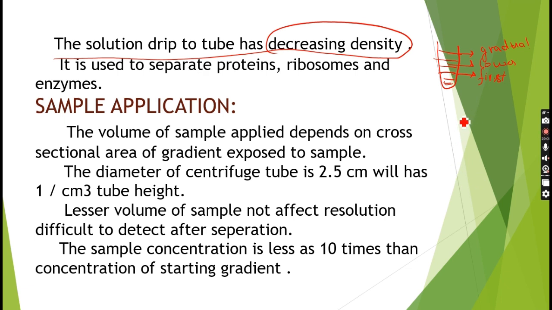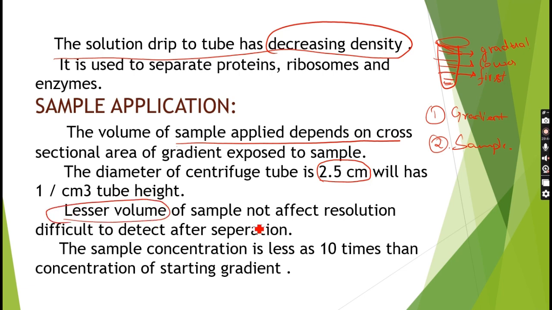As we already saw, we have seen how to prepare the gradient. Next we are going to see the sample application, how the sample is prepared and applied. A volume of sample is applied across the cross section of the test tube, where a test tube of about 2.5 centimeter is used. A very small volume of sample is used in this method because a lesser volume of sample gives a higher resolution.